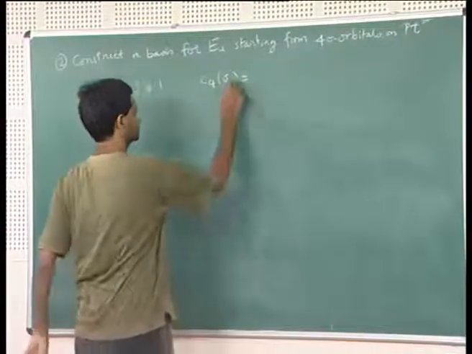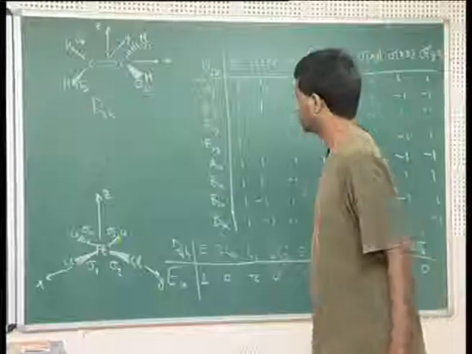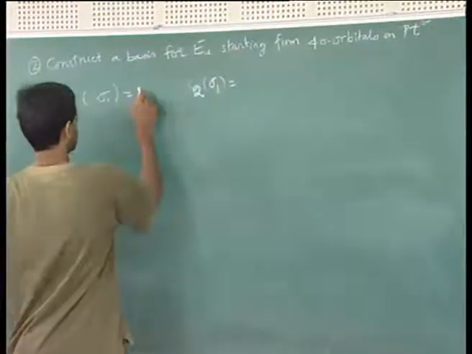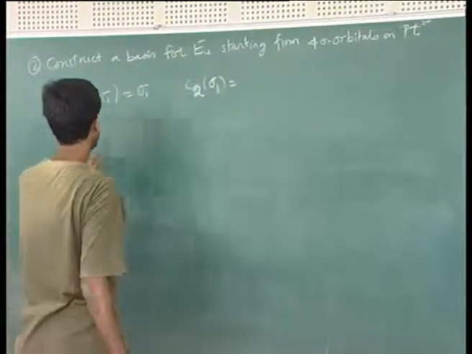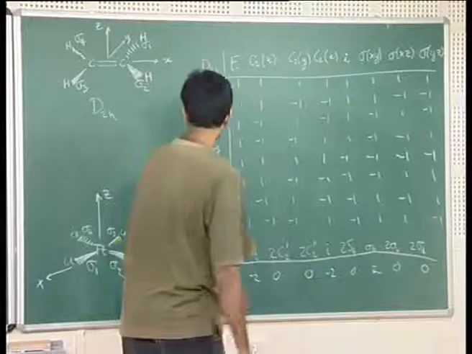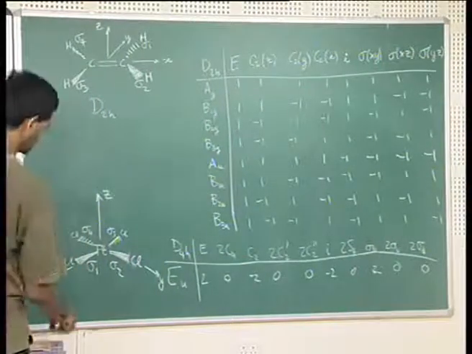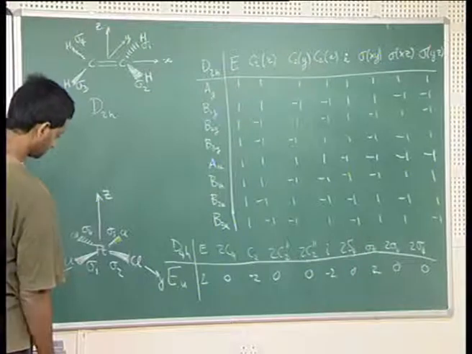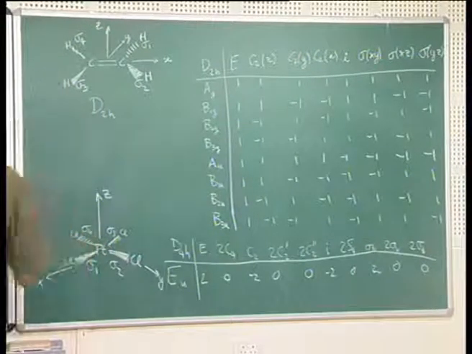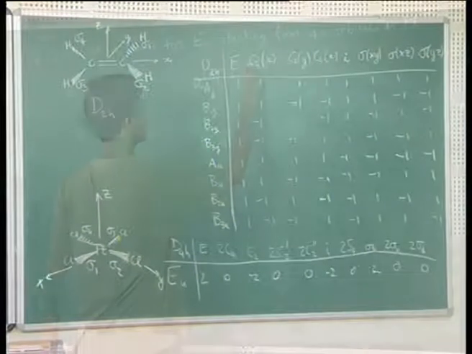So I'll just see how C2 acts on sigma 1. When the identity operates on sigma 1, you just get sigma 1. C2 has a non-zero character, and when it operates on sigma 1, it takes it to sigma 3. So C2 operated on sigma 1 is sigma 3.